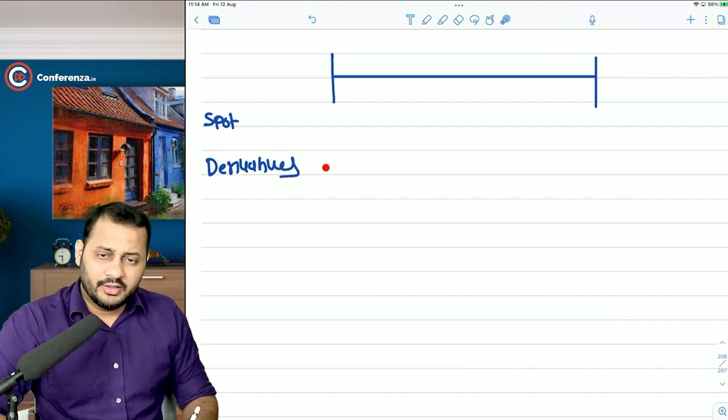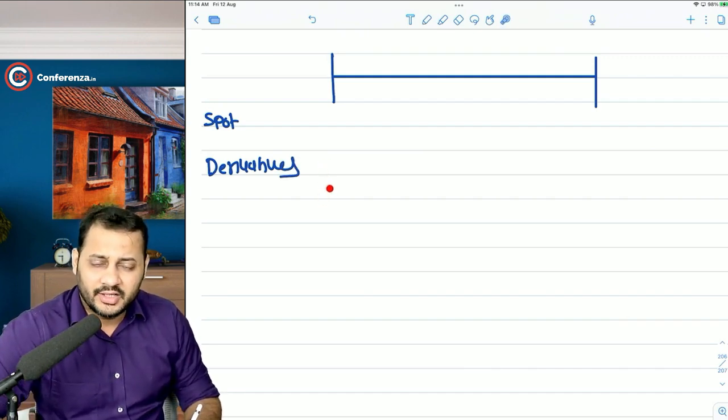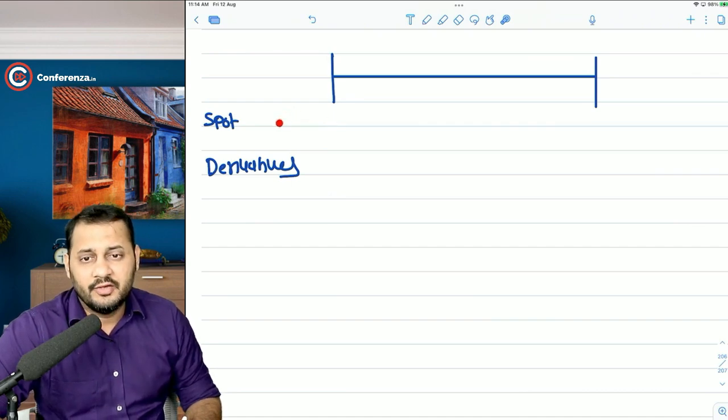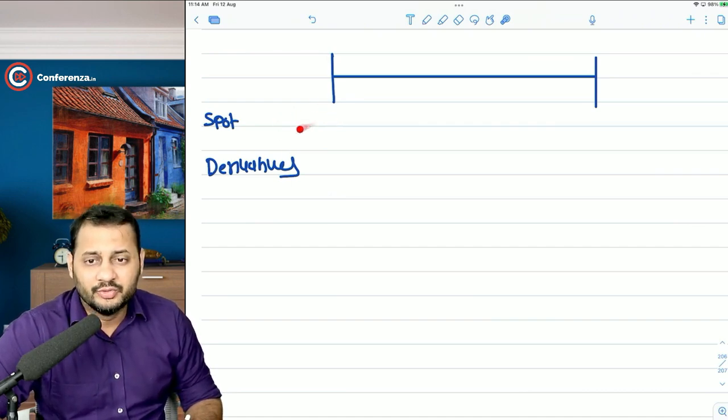Now, having a position in the spot market is not compulsory to start a derivative contract. If you are using the derivatives market to protect the position on the spot market, then you are called a hedger.